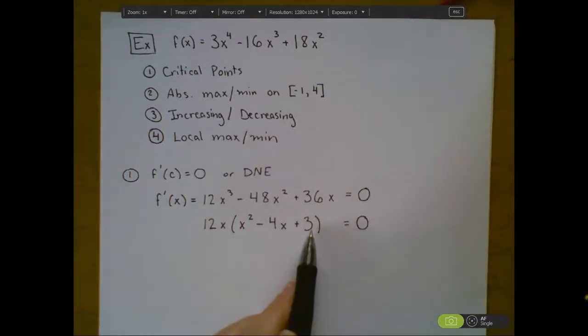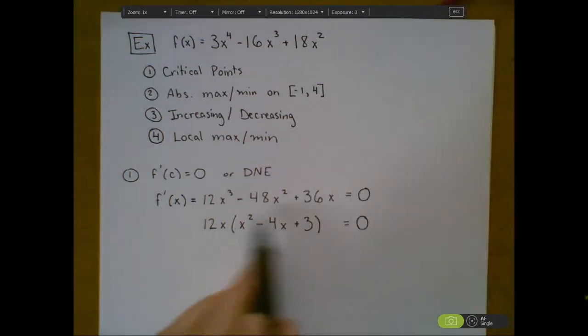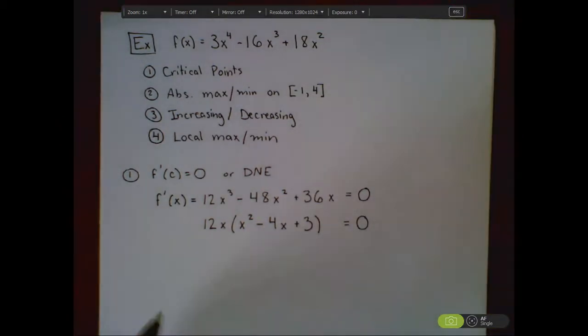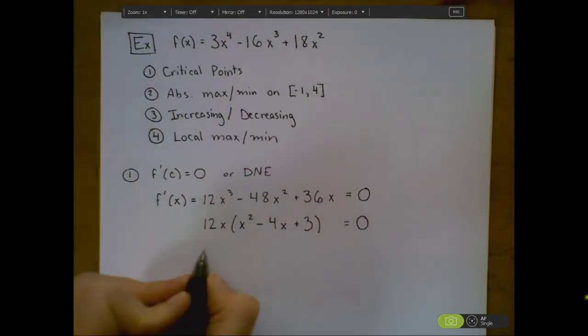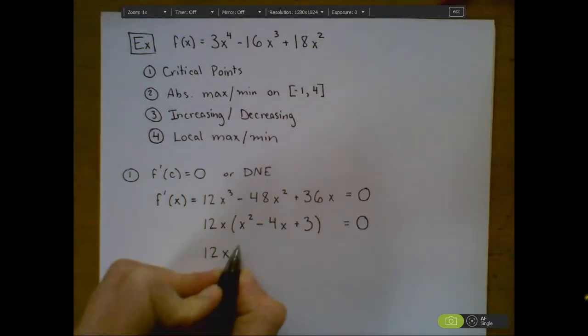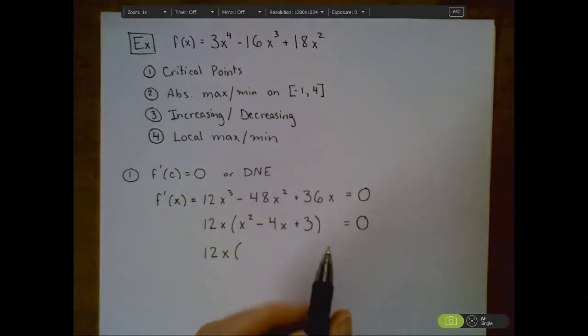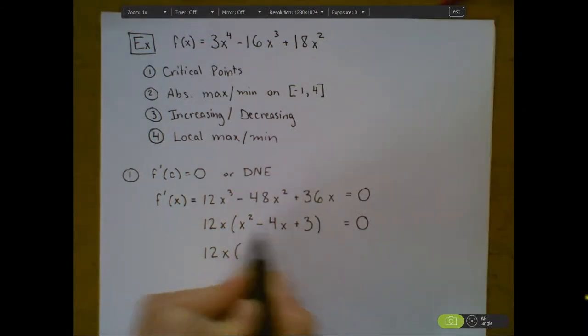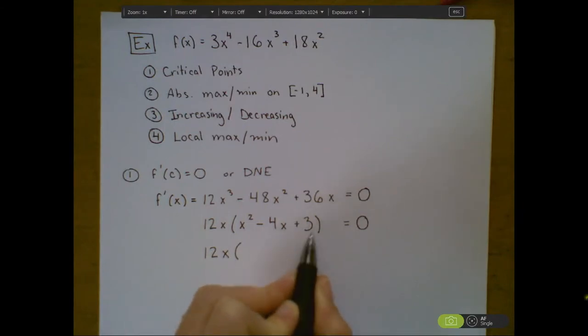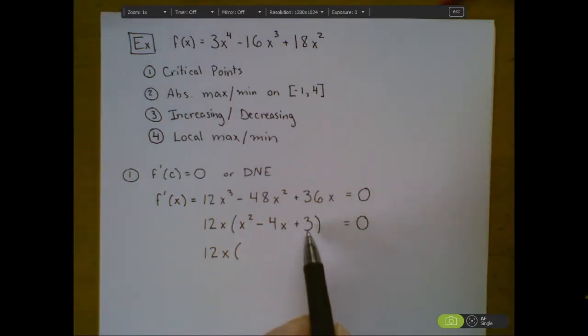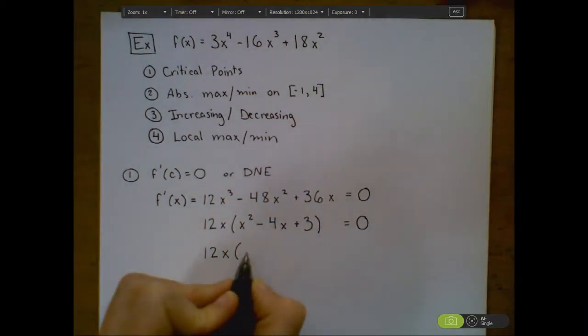So we're getting closer, but we still need to factor this polynomial. And it turns out, this is an easy polynomial to factor. That was somewhat intentional in the construction of this example. But even if this wasn't easy to factor, it's something that you could do with the quadratic formula. I know that my two terms need to multiply to be a positive 3, and they add together to be negative 4.